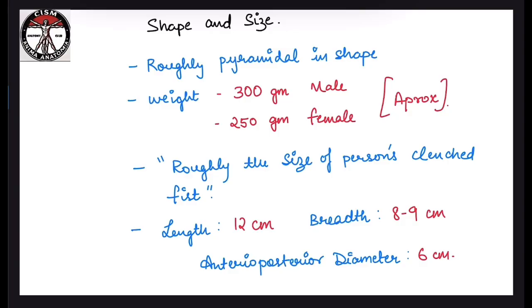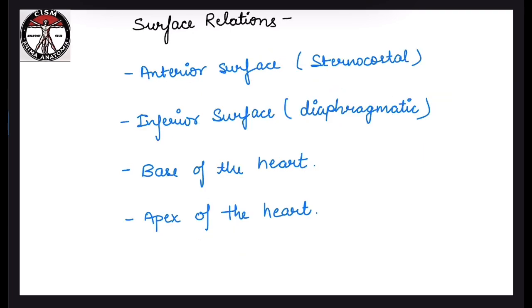Let's talk about the length, breadth and the anteroposterior diameter. The length is 12 centimeters, the breadth is 8 to 9 centimeters and the anteroposterior diameter is 6 centimeters.